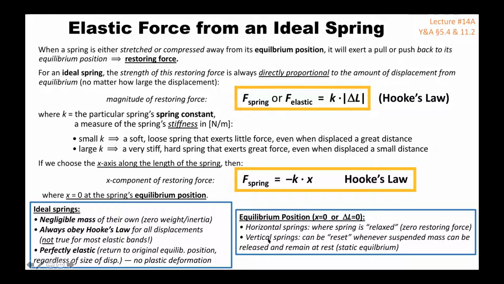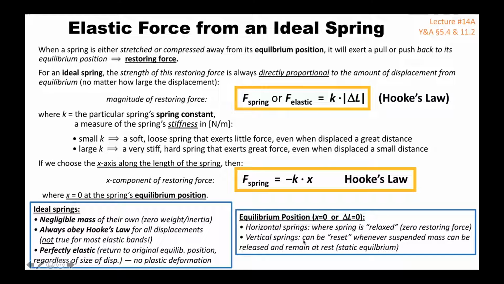Then technically the spring is stretched at that point. However, it turns out that mathematically we can offset the equilibrium position by that amount, and we can reset the equilibrium position at that new location. This is extremely useful.